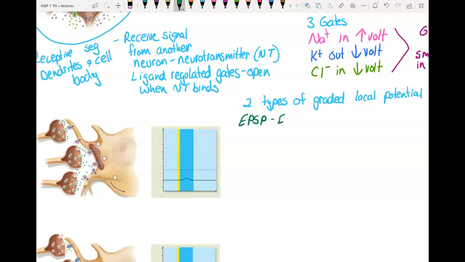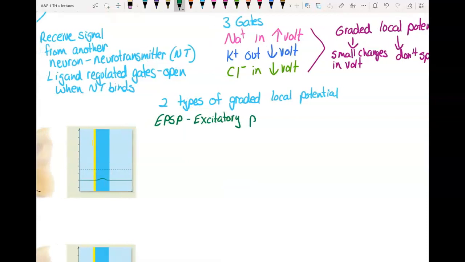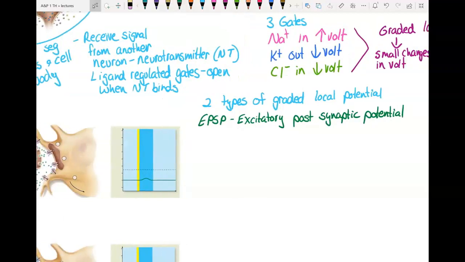This stands for excitatory postsynaptic potential. These are the ones that raise voltage. And if you raise voltage, you are encouraging an action potential to occur.